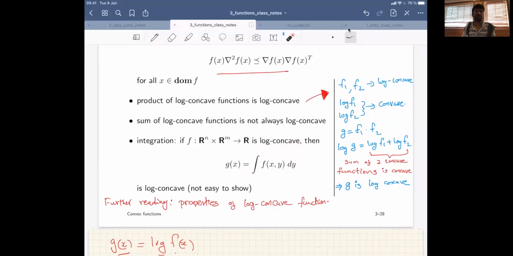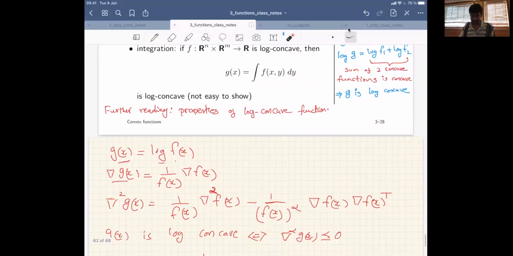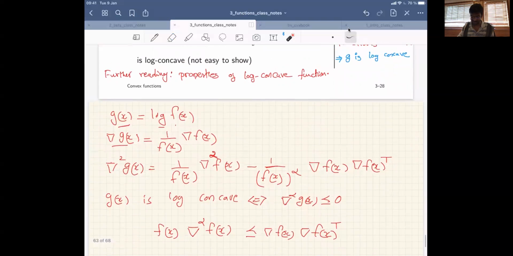Then you can integrate the function over one variable, and the resulting function in x will be log concave. Okay, let's skip the proof.